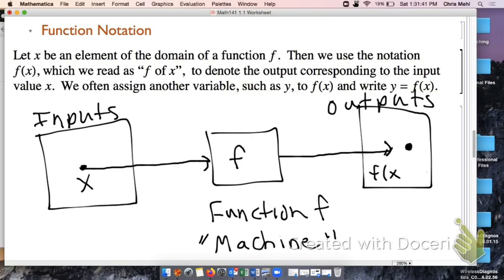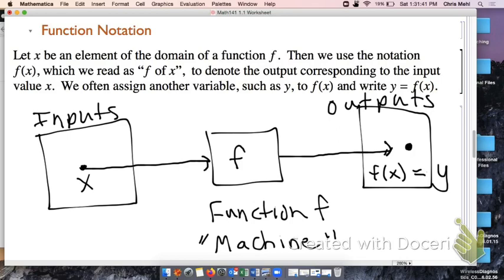And that value is going to be called f of x. You can think of it this way: x has been plugged into the machine to get my output y. So a function is really just like a machine. It changes inputs into outputs.